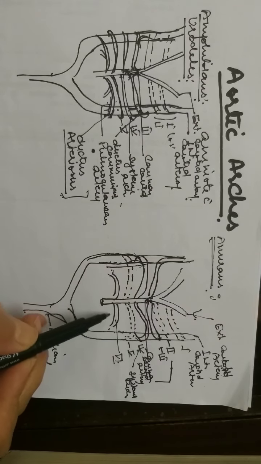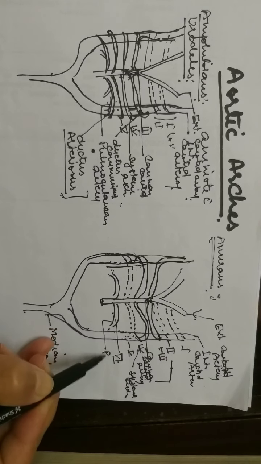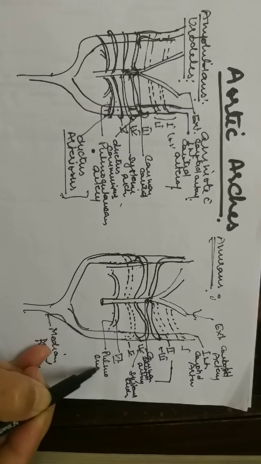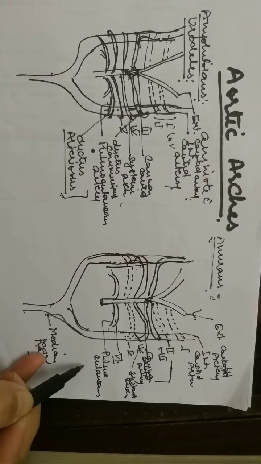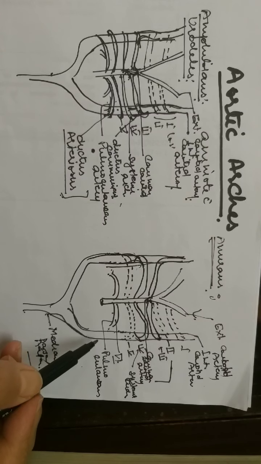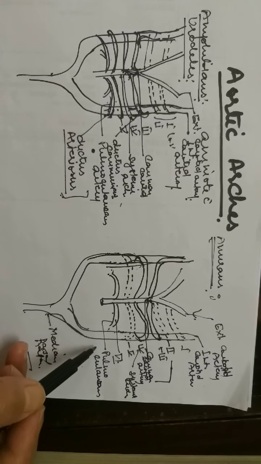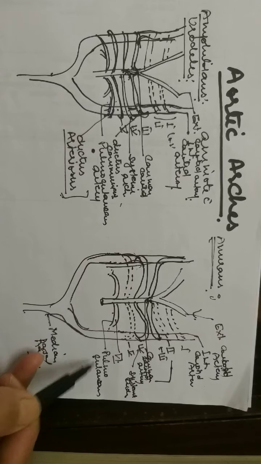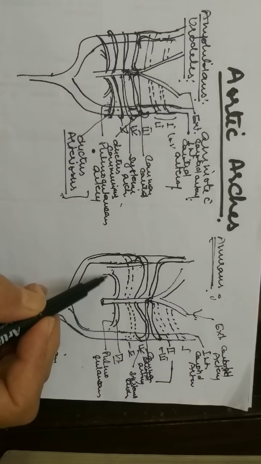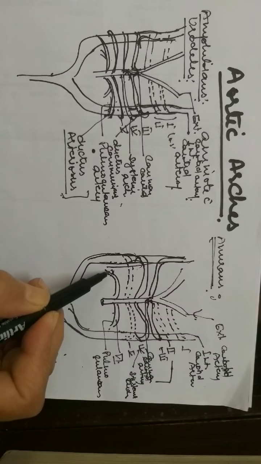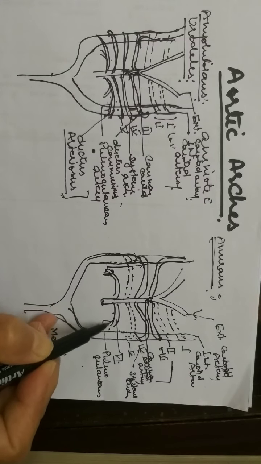And the sixth pair is becoming pulmocutaneous arch. They send one branch to lungs and a cutaneous branch to the skin on either side. So it is pulmocutaneous basically.